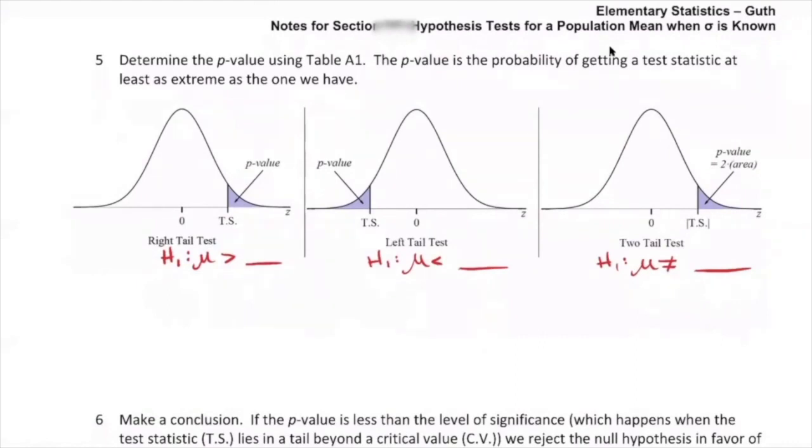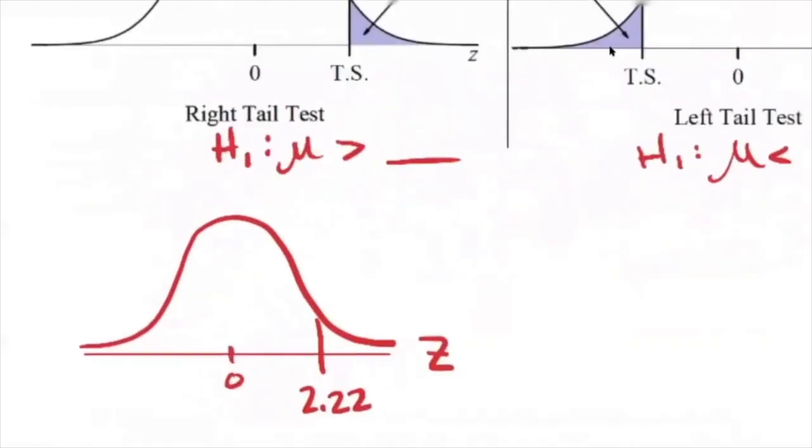So let me go ahead and draw a right-tailed distribution. And on this one, you label the test statistic, which is the 2.22 z-score. So that's the area you want to find.